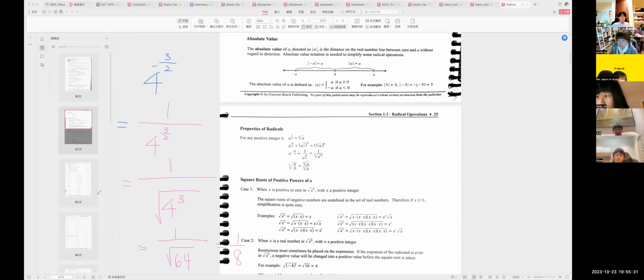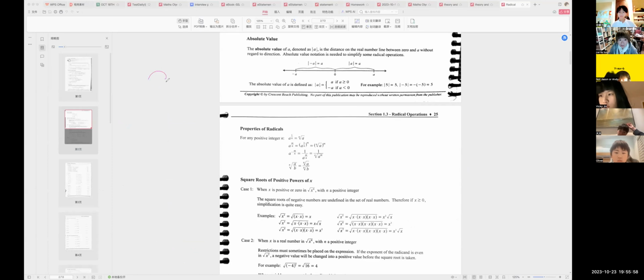Why can't I just put the times 3/2 on both sides? You have to times 3/2. It's not 4 times 3/2. Did you listen to the earlier lesson? Okay, your turn.